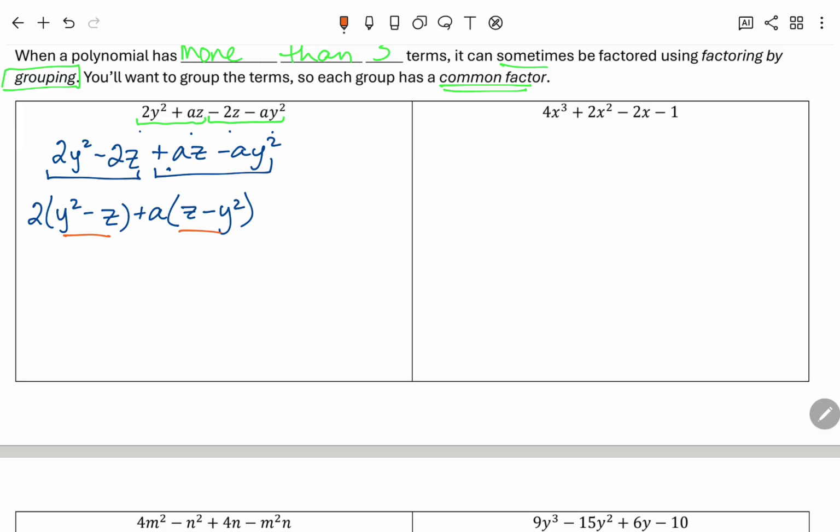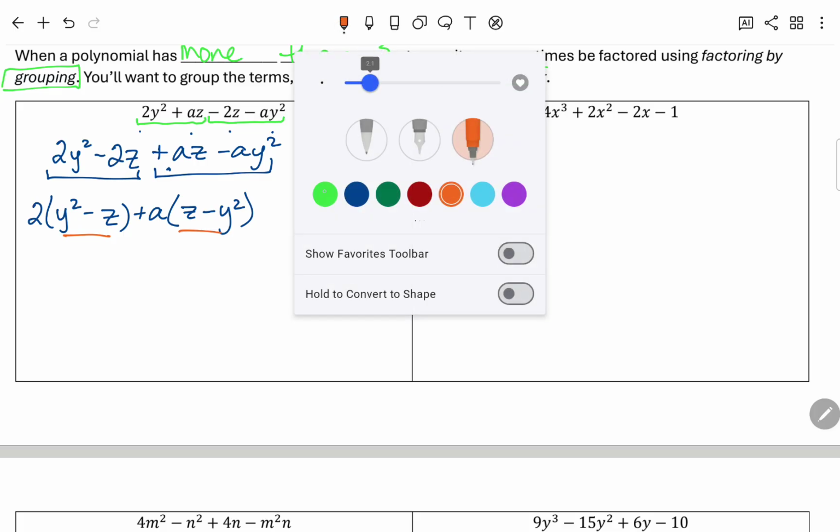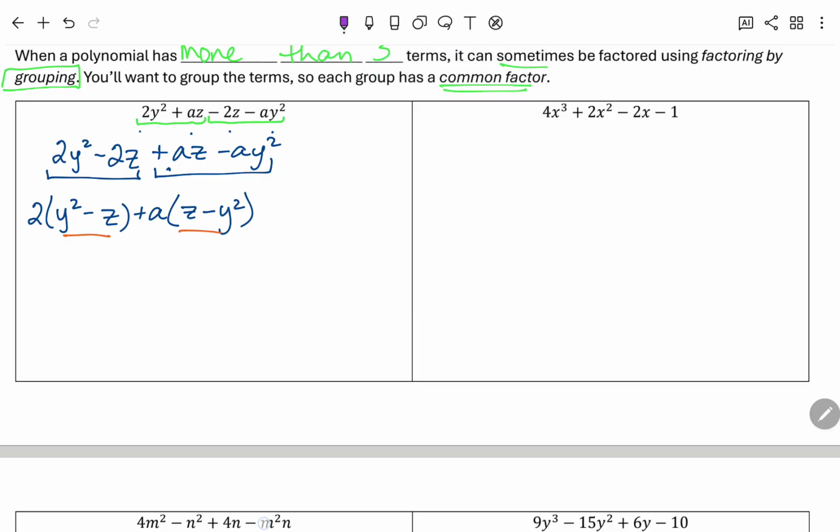I could do a couple things. What if I kept this like it was, and instead of pulling out a positive A, I pulled out a negative A, then I would be left with a negative z plus y squared.